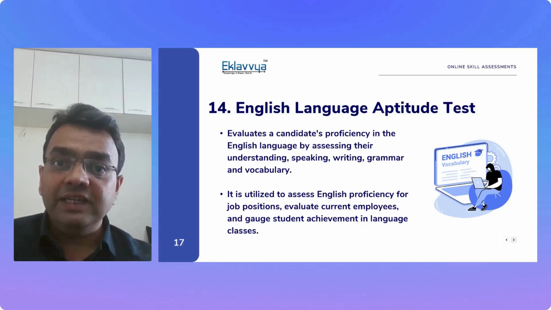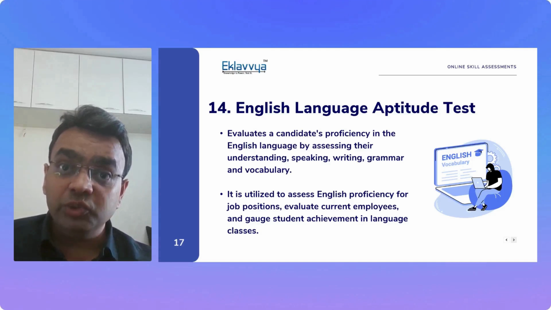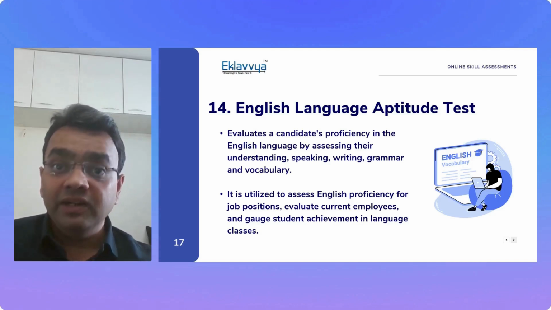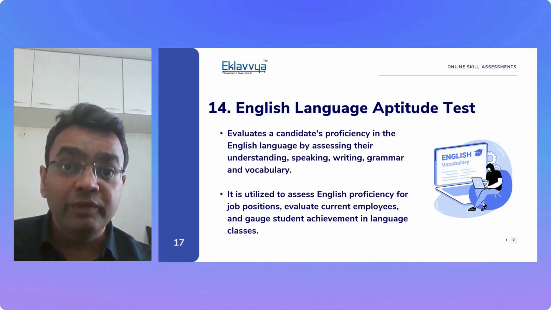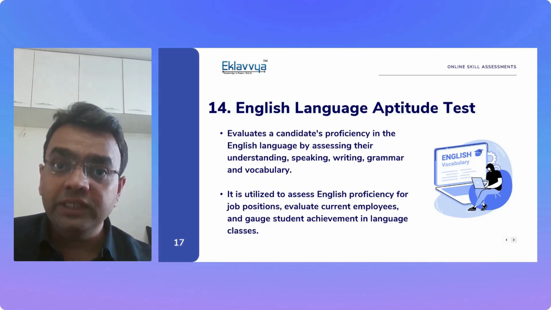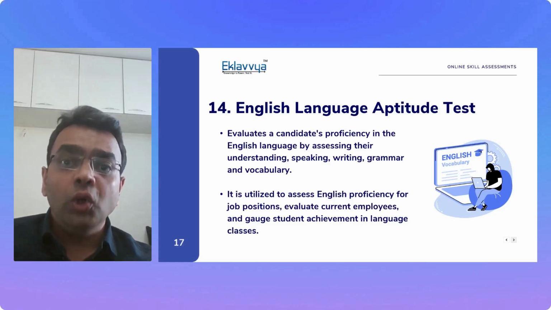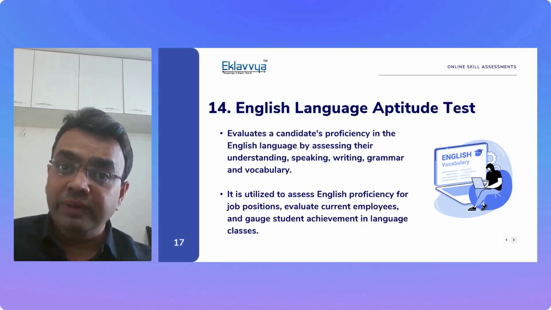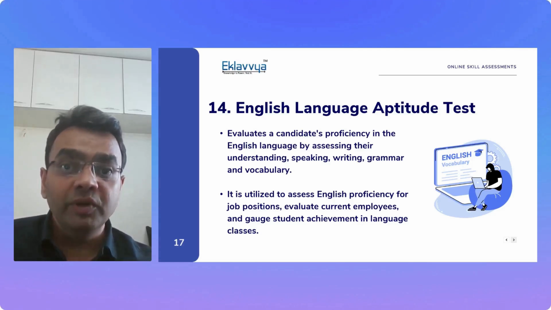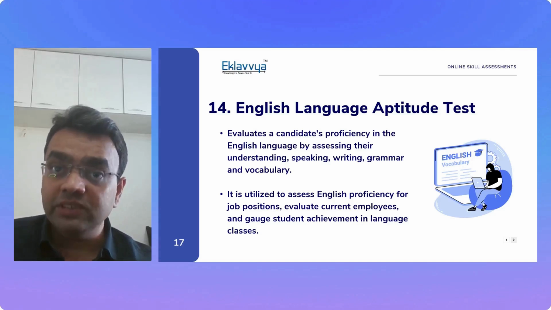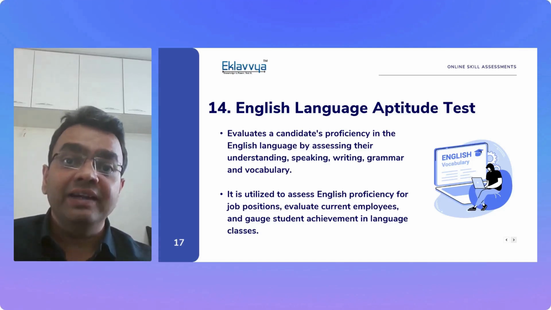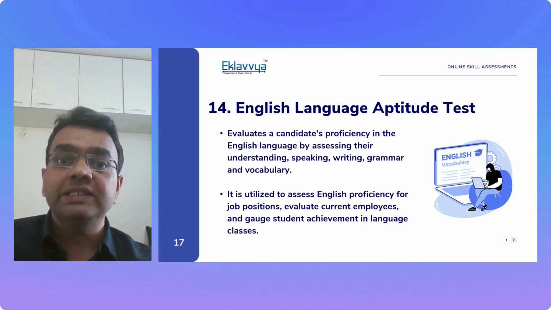An online English language test can be very useful to understand candidates' ability to speak as well as write logical English, and it will certainly help you hire candidates having above average English language skills. So online English language skill assessment can be very useful for you to simplify and improve the hiring process, where you will be able to select candidates having good English communication skills.